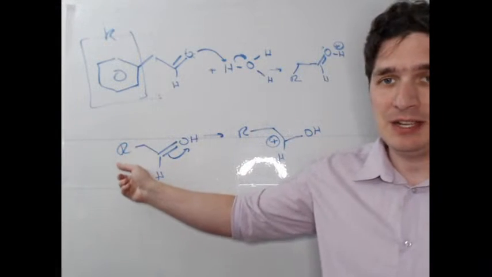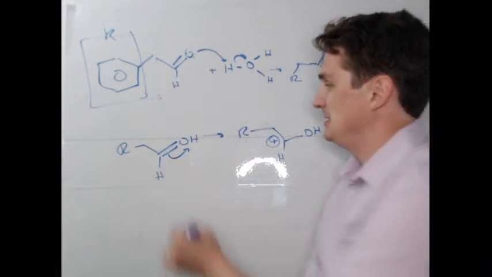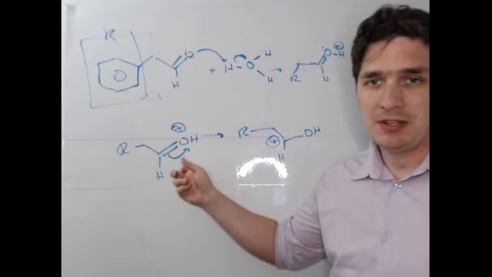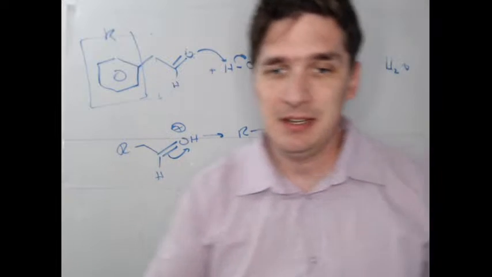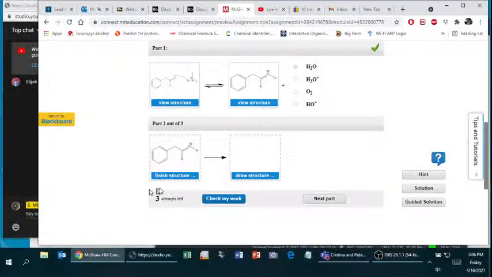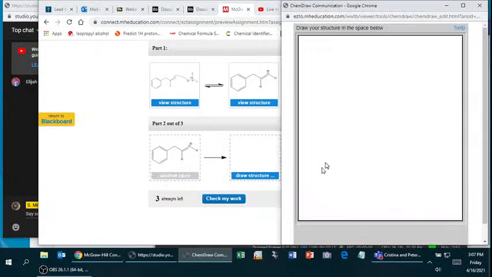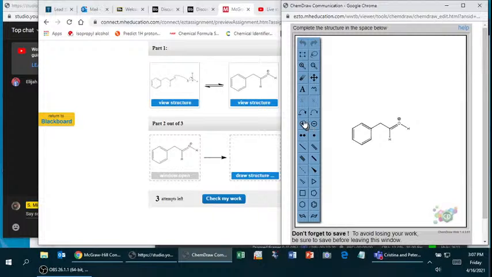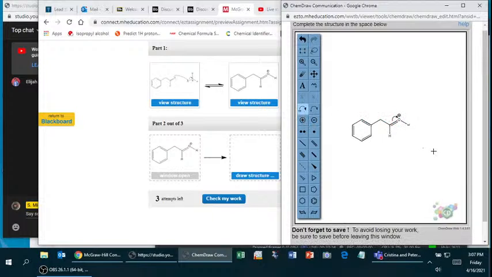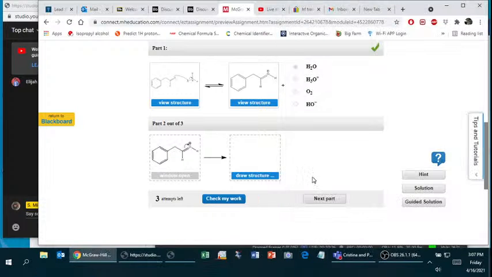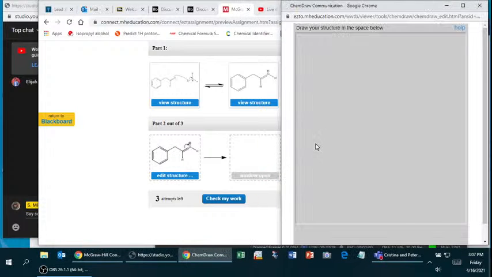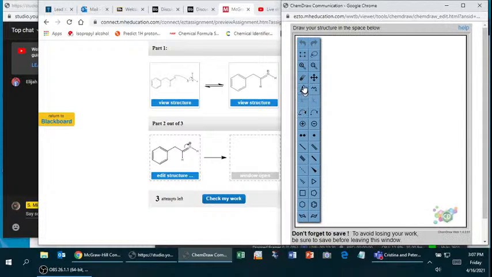So next step, we're going to take this complex here. We're going to break the carbon-oxygen bond to give us the carbocation. So I'm going to draw the mechanism, draw the structure. And the big trick with this one is probably remembering that you do form a carbocation, so make sure you throw the charges in there.